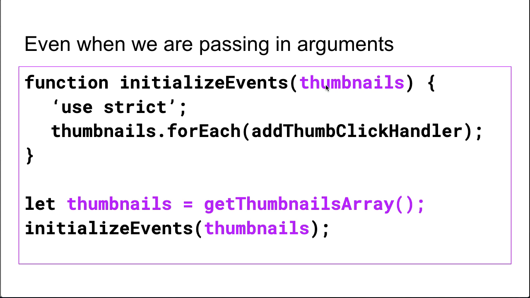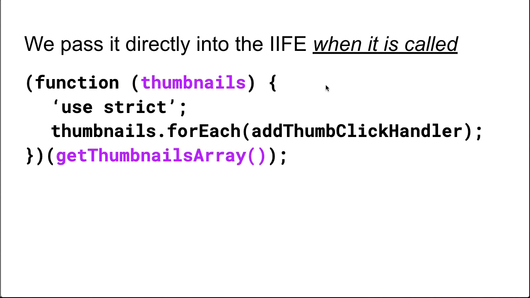If we wanted to have an IIFE do this, remember how I said the second set of parentheses is what gets passed in to the argument up here? Well, we could call get thumbnails array. It would store all the thumbnails into this thumbnails variable, and then you could use it right here.